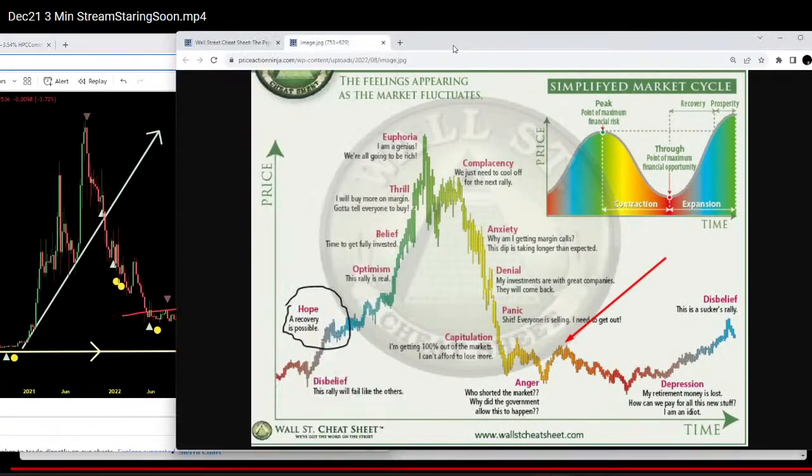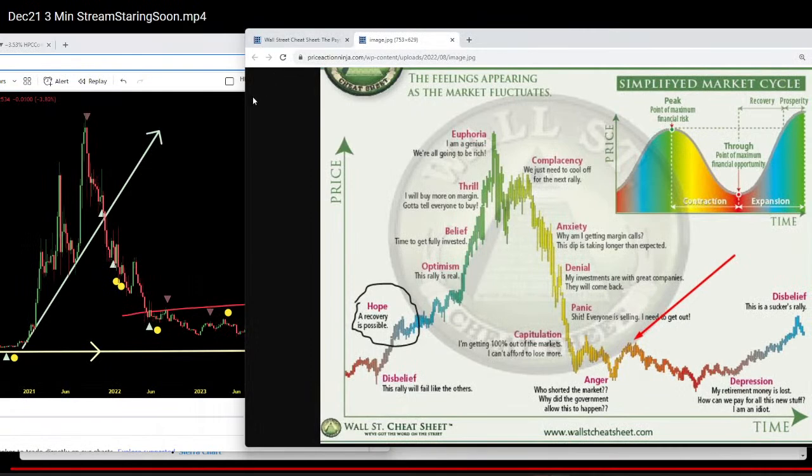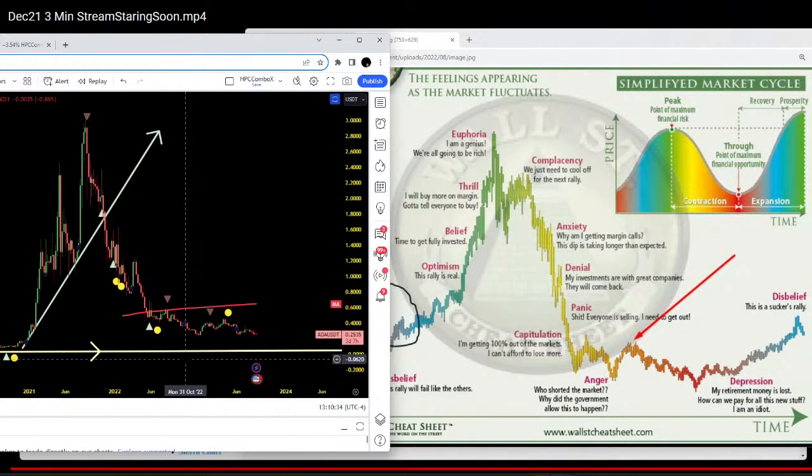Even something like Sun Microsystems, that was a high flyer. They called it one of the four horsemen. It went to 125 and ended up going to $4 at the .com low.